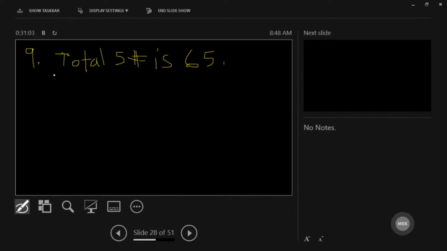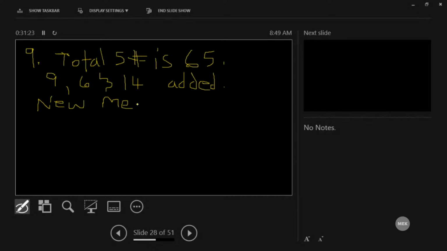We're adding 3 new numbers, 9, 6, and 14. We're adding those. So now, what is the new mean? What's the new average? Everybody should get this one because it's similar to the one that we just did.